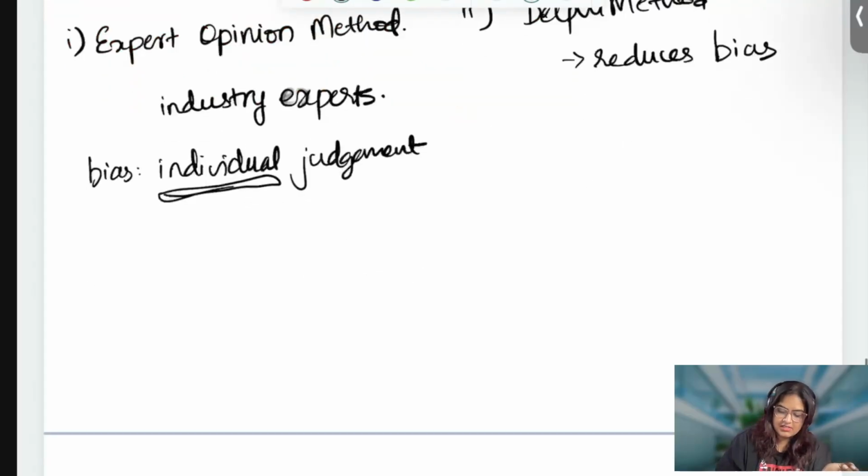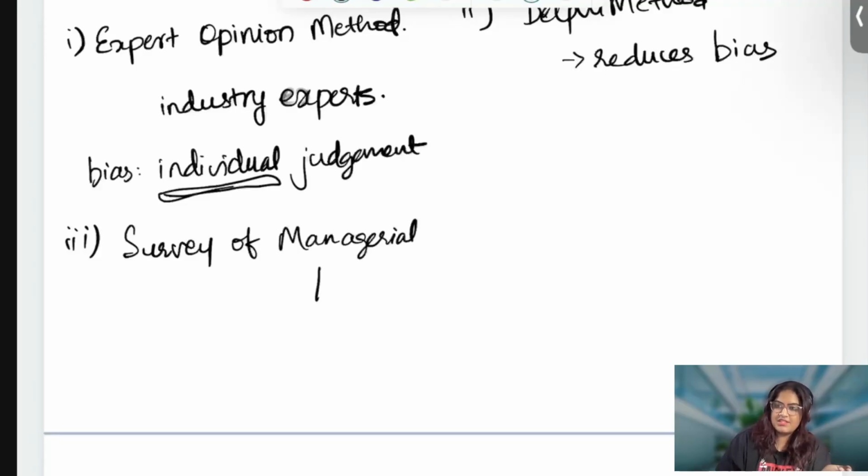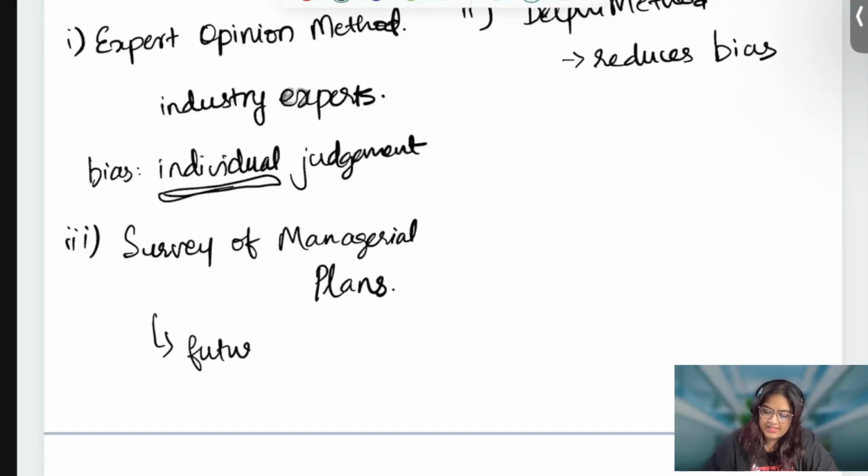Now, the third type of opinion poll method is survey of managerial plans. Here we examine the future plans of managers.